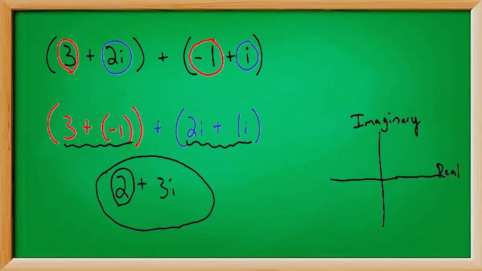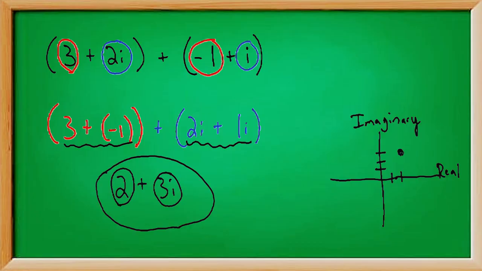That means we need to go over 2 units to the right in the real direction. 1, 2. And we have an imaginary number of 3i. That means we need to go up 3 units in the imaginary direction. So go up 1, 2, 3. And if we go over 2 to the right and 3 up, the point should be somewhere around here. And now we have plotted our point of the complex number.